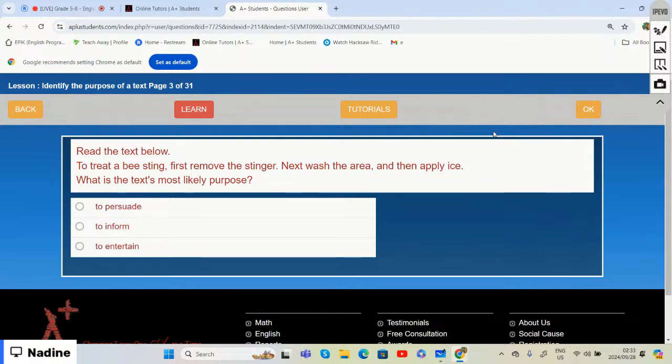What is the purpose? So is the author trying to persuade us?